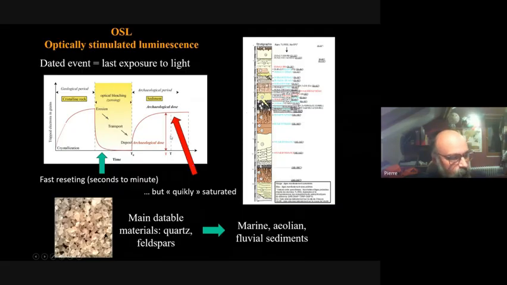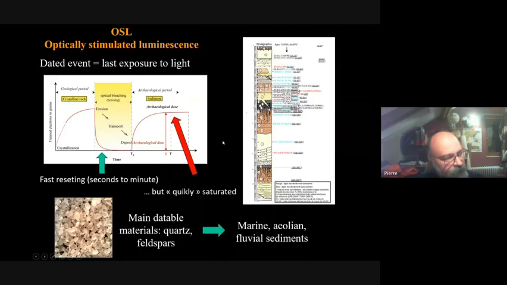So it is the dose received by our sample in relation to the amount of electrons we can find in this crystal. So it allows us to give the age of the deposition of a specific stratum of sediment.